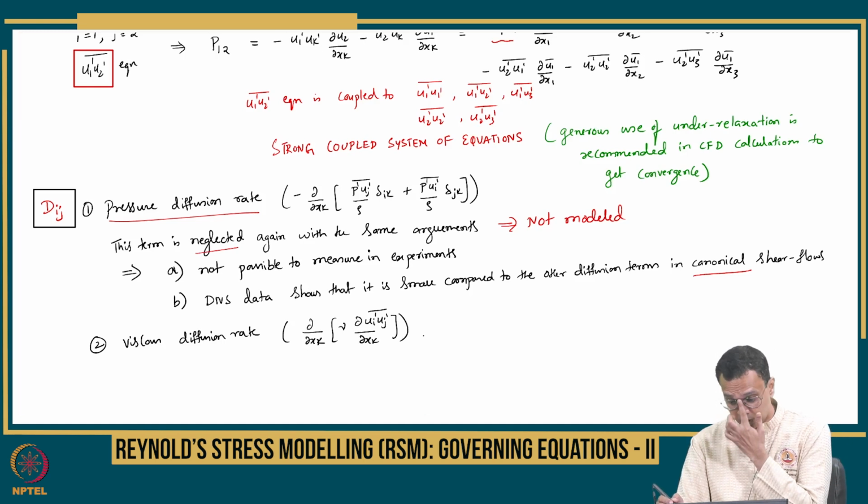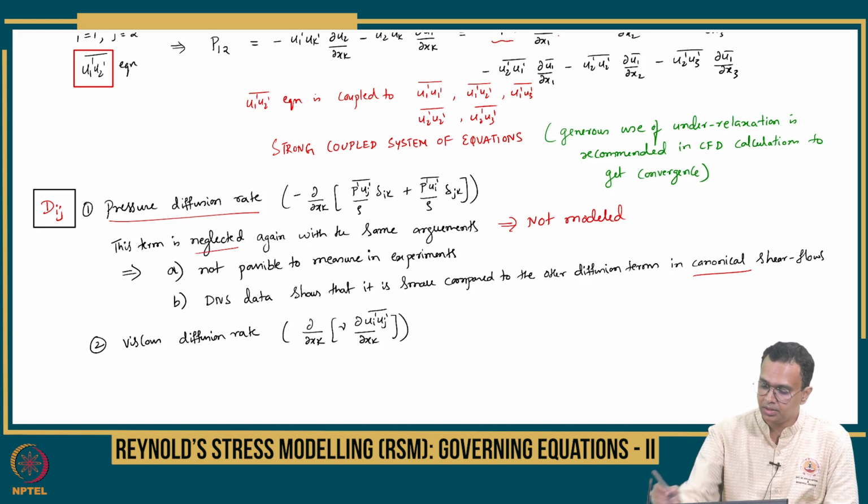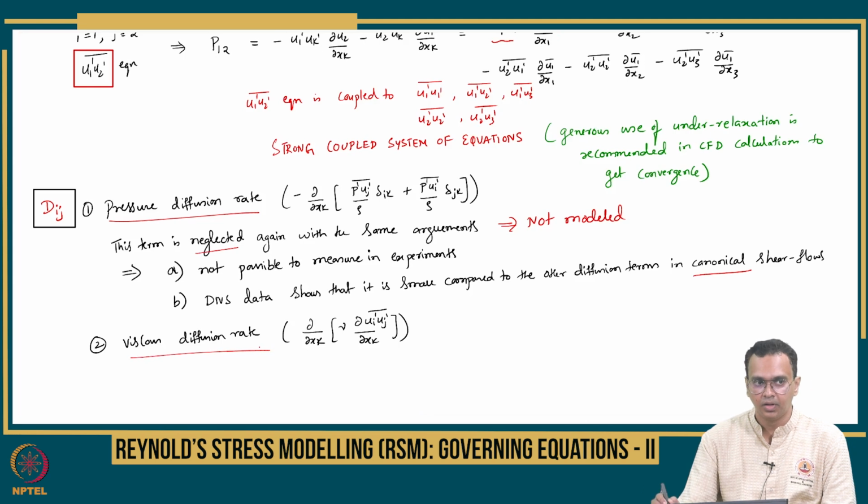Do we need to model this viscous diffusion rate? No, because Reynolds stresses are available here, just like the production rate term. Modeling is not required here. The term is readily calculated.